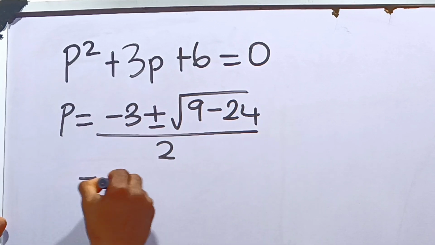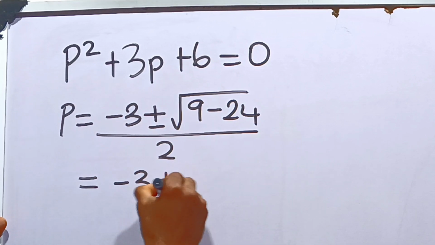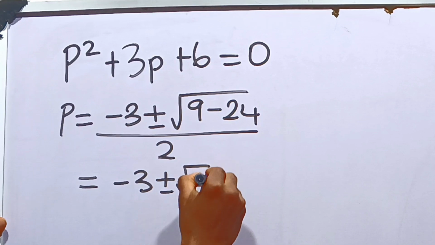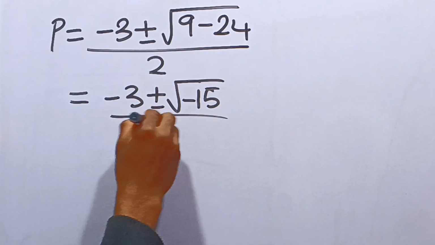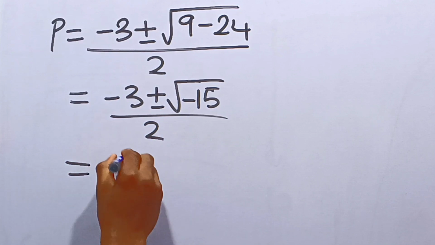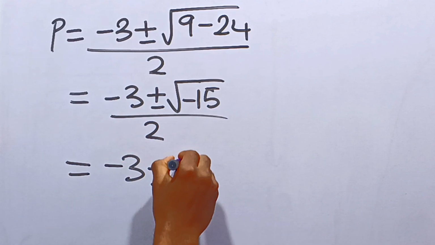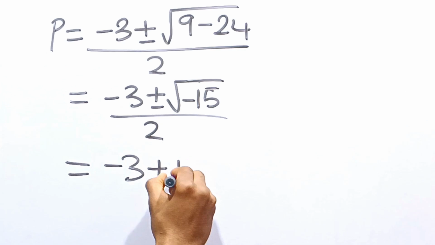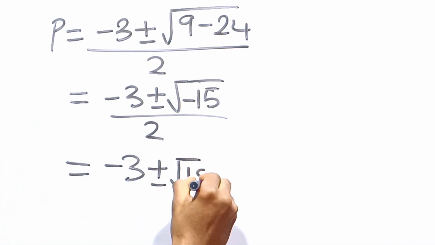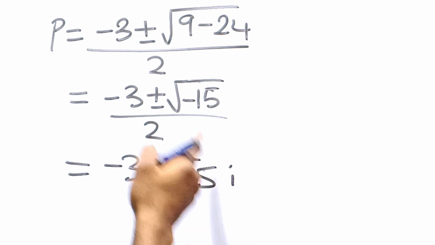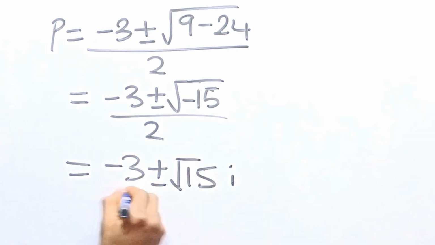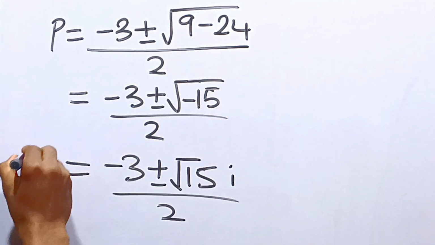This is now equal to minus 3 plus or minus the square root of negative 15, divided by 2, which is equal to minus 3 plus or minus root of 15 multiplied by i, because the root of a negative number is i times the root of the number. So this is divided by 2, and this is our p.